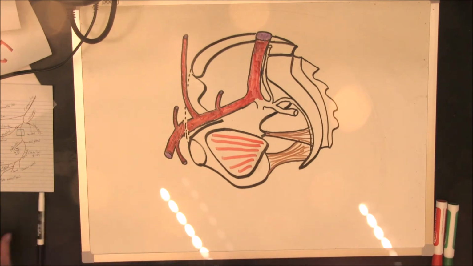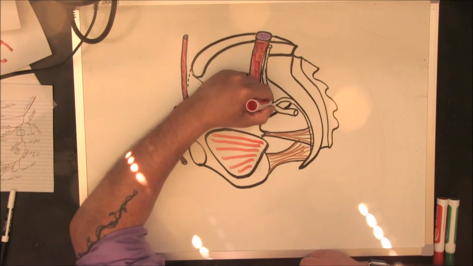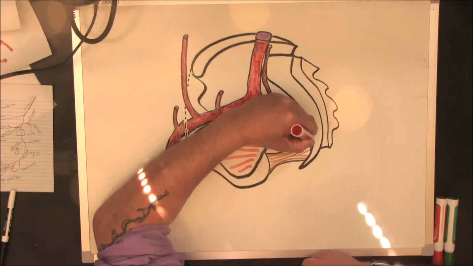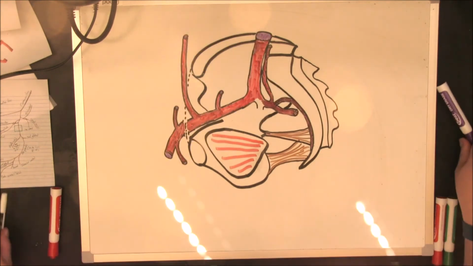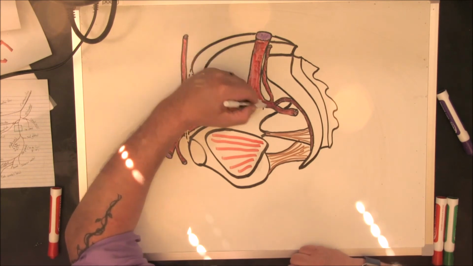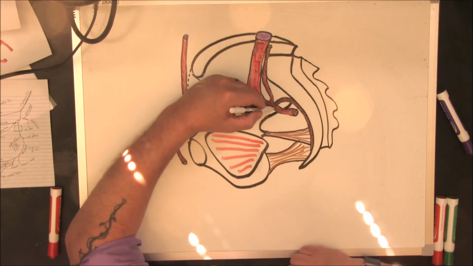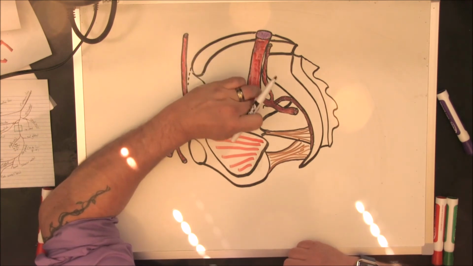Now we're going to fill in these branches of the posterior division of the internal iliac artery. Alright, and once again, posterior division of the internal iliac artery gives off the iliolumbar, lateral sacral, and superior gluteal arteries. Now, the anterior division is a lot of fun.